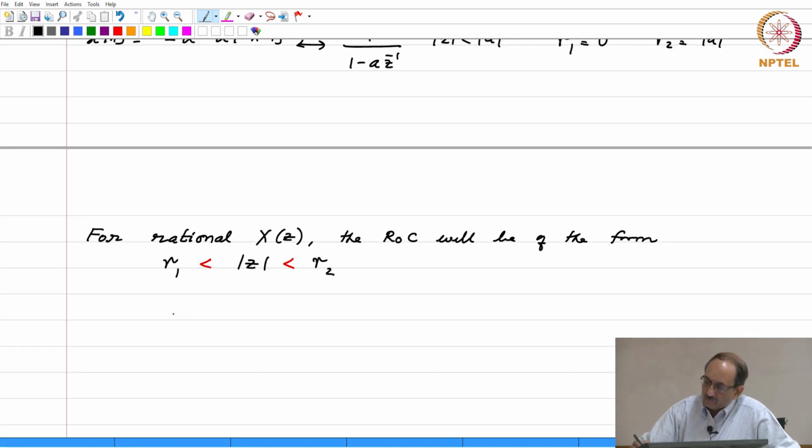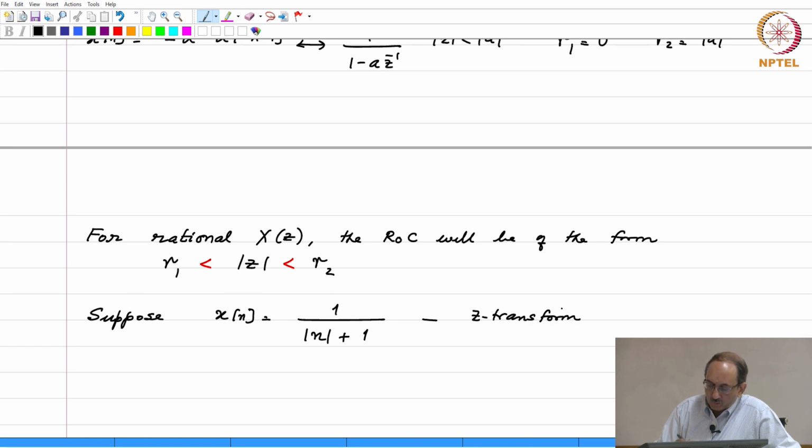Suppose x of n is 1 by mod n plus 1. If you want to take a guess about the Z transform of this, what would be your guess?